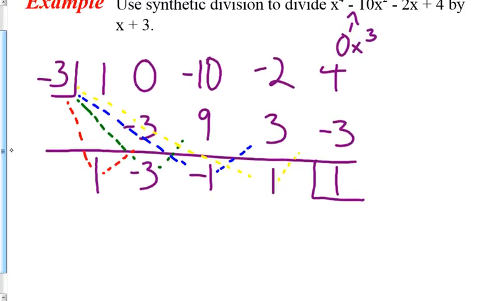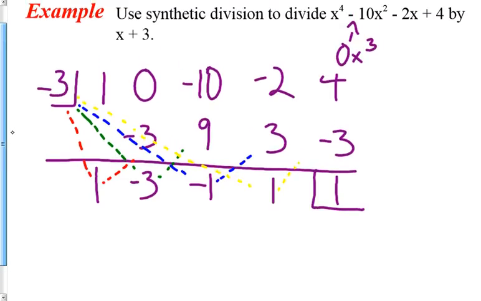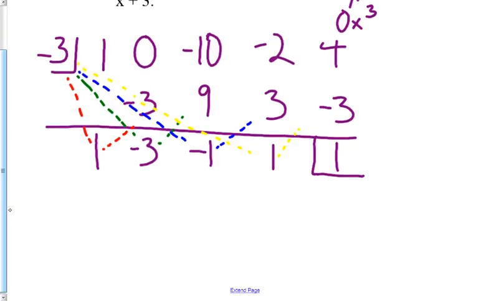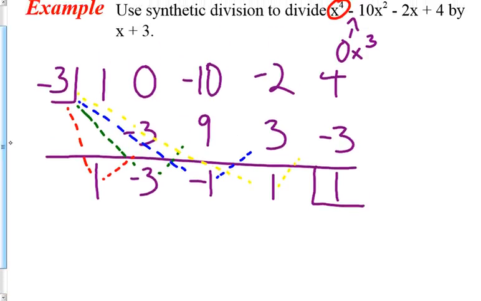Now let us write this in the form of our final answer. So I see up at the top right here, I started with x to the fourth. So my leading power of x as I'm writing my final answer is going to be x cubed.